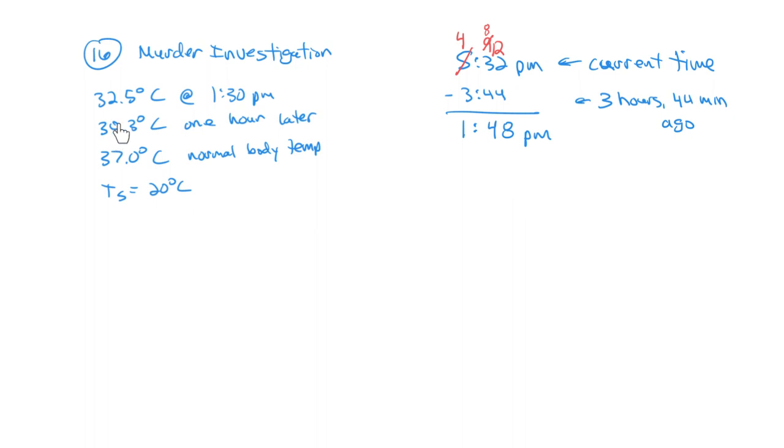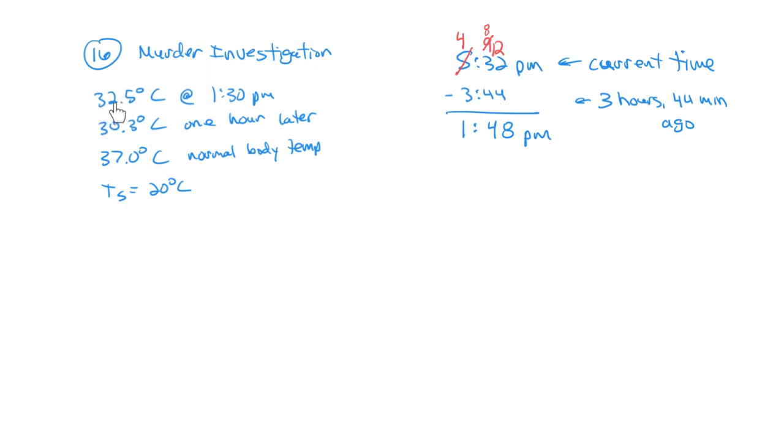Or if you wanted to use minutes, we could count it as t of 60. Then we'll have to go backwards to figure out when the body was 37 degrees, so we'll get a negative time. It'll be a little weird having a negative time, but much easier than introducing variables.